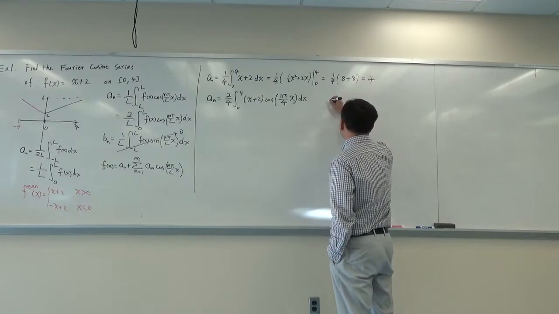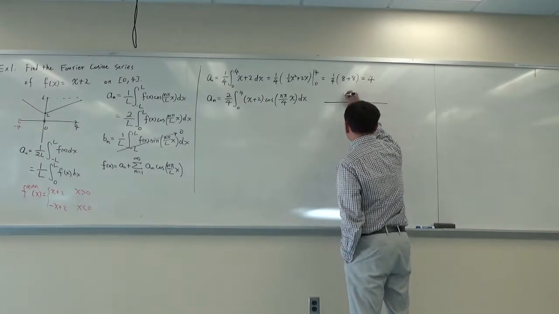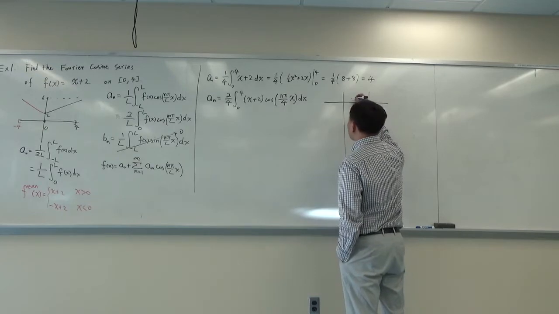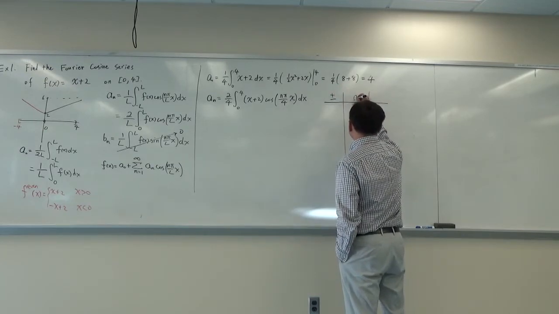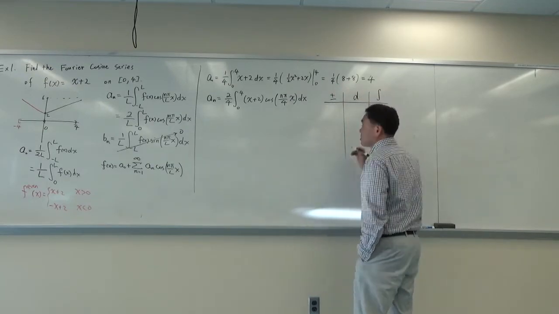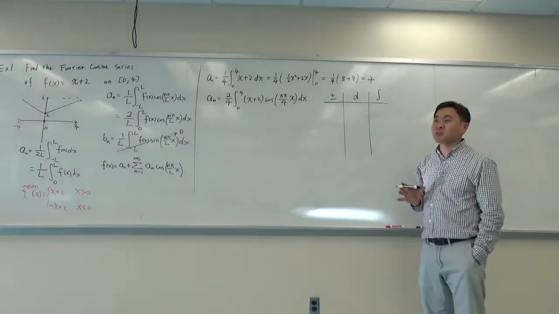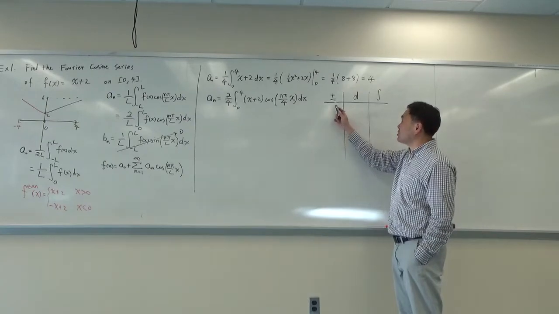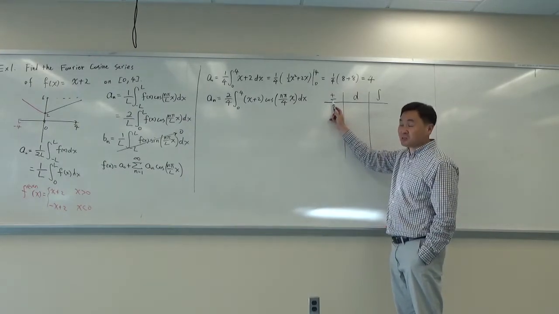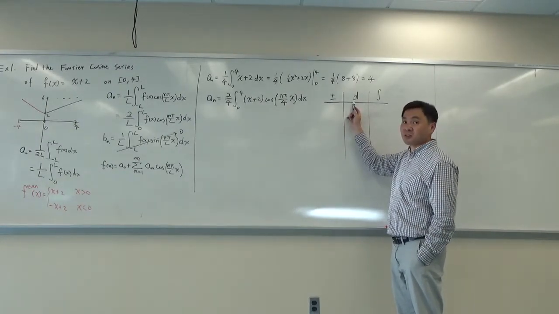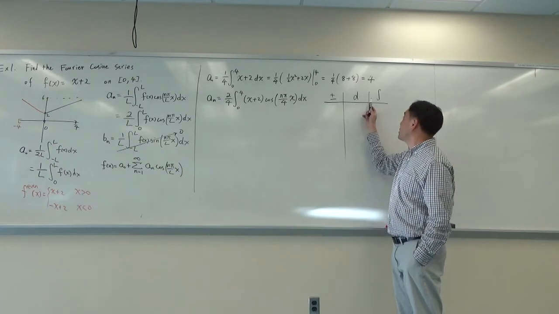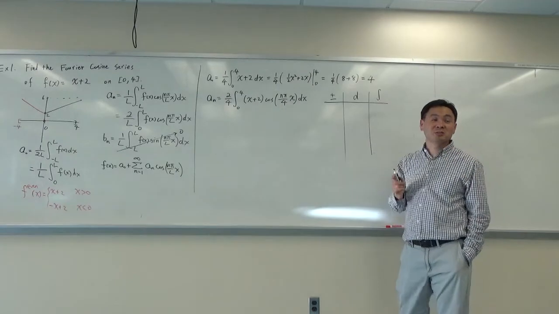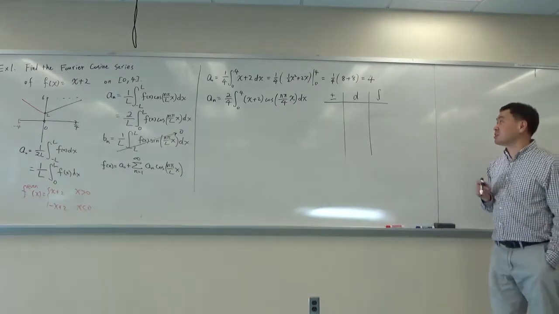So the tabular integration, let me show you how to do it for the cosines. So you have plus minus, d, integral. You do have to memorize some stuff. Initially, that's the confusing part. You have to make sure that the first column is the sign, the second column is the derivative, and then the last one is the integral. If you switch these around, then the tabular doesn't work, and you'll be in trouble.